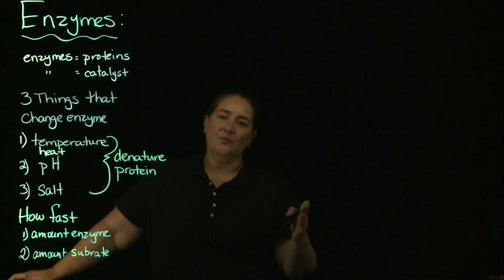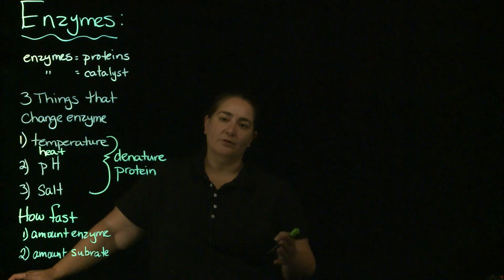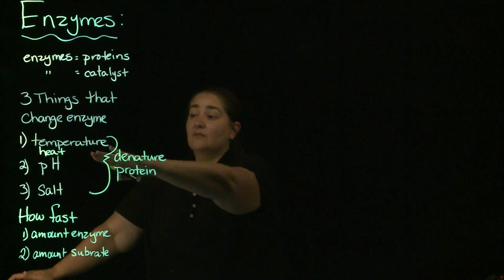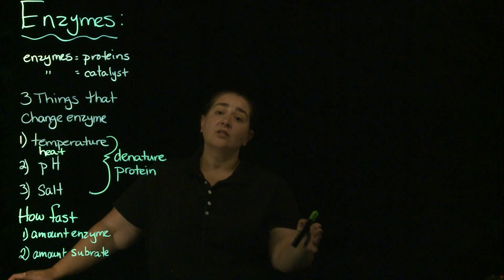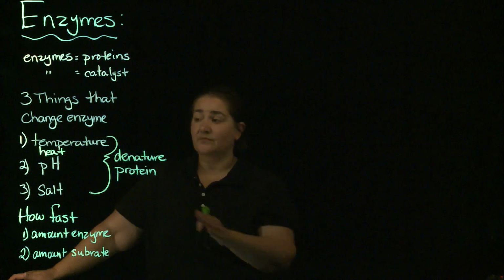I say that as a broad overview. There are some enzymes that won't function in cold temperatures, all right? But cold temperatures have the possibility for the enzyme to function, just much less effectively.